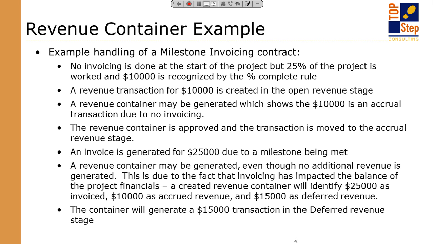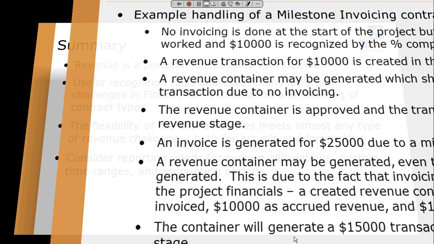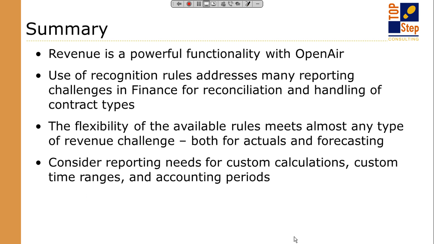Okay. With that, we're going to open up the phone lines in just a second for some questions. But I wanted to point out that the revenue functionality in OpenAir is very robust. It's very powerful. It handles almost any type of revenue challenge. There are a couple of exceptions, but for the most part, it will handle all the revenue transactions, which is why, when you're interfacing it with an accounting system, you may choose to have OpenAir pass some of the revenue information over to your accounting system and just have OpenAir do the calculations.